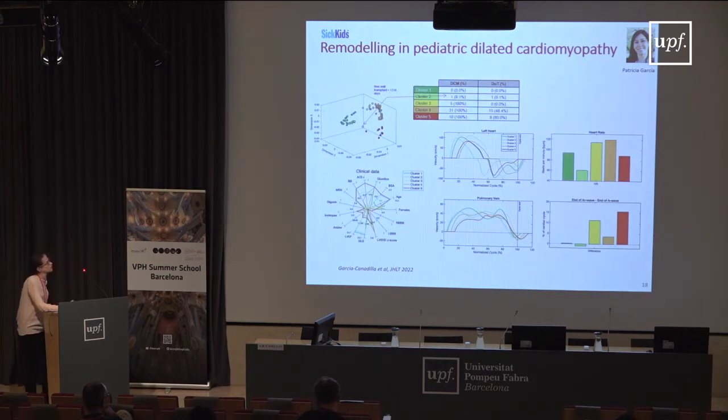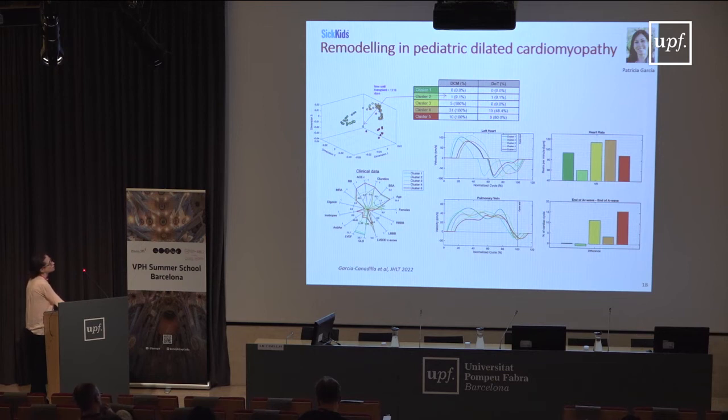What we found, as you can see in the output space, in this case represented by 3 coordinates, were 5 clinically different clusters. And in each of these clusters, we have a different proportion of death or heart transplant.